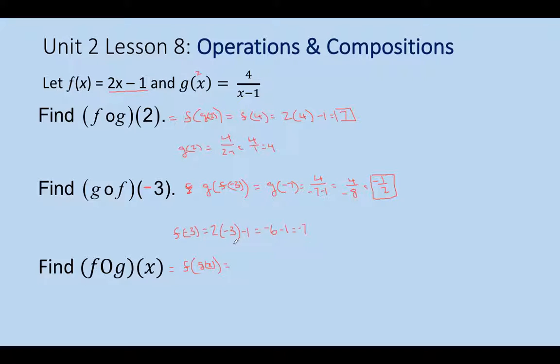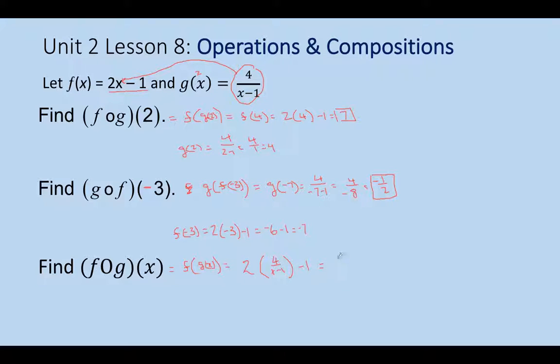Well, what is g of x? g of x is 4 divided by x minus 1. So that means in this function, I'm going to plug this whole thing in wherever I see the x in f of x. So that means 2 times 4 over x minus 1, minus 1.